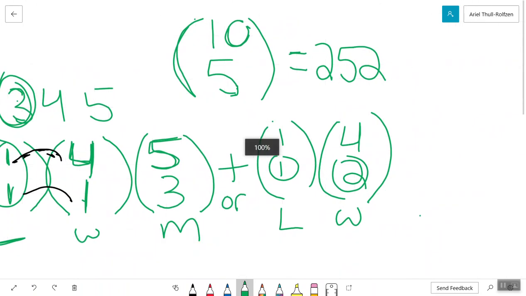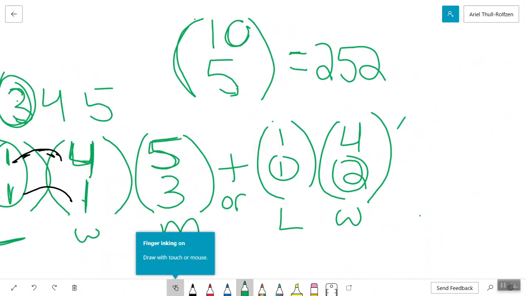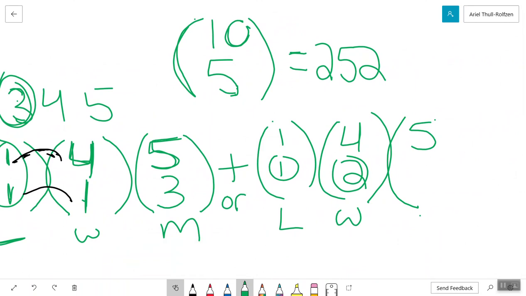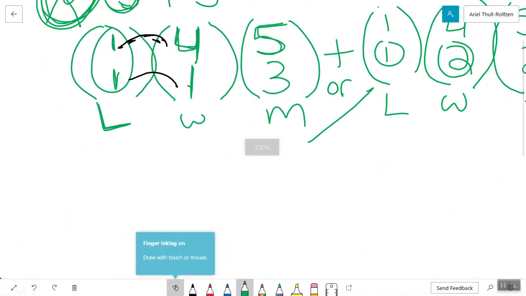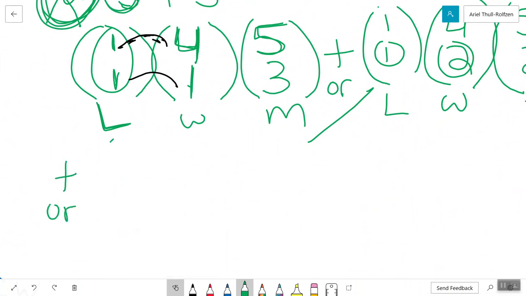We can say that for the men, out of the 5 to draw from, if we have 3 women, we can have 2 men. We're going to add and say, or we can have 1 for Linda.